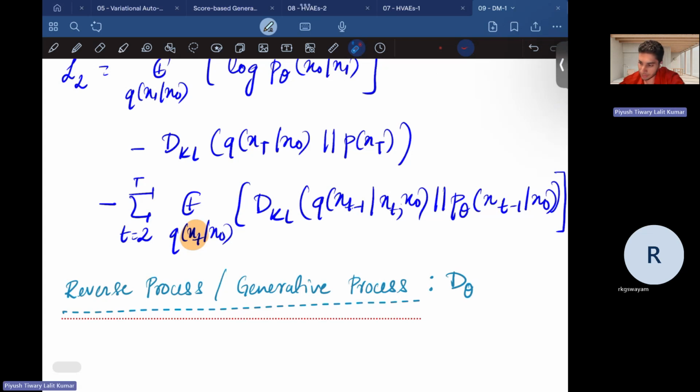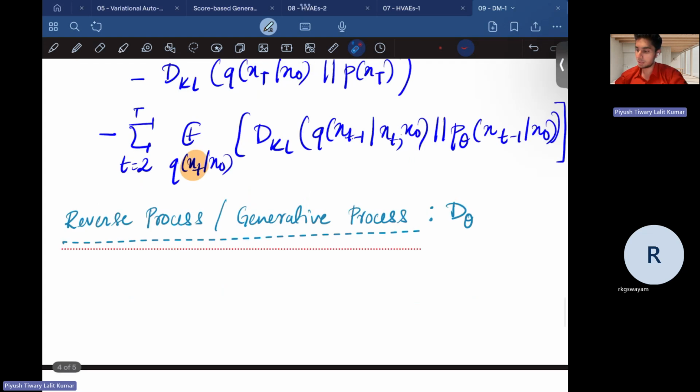First of all, something that is not very clear to us is this distribution. Remember the trick we did to derive this alternative loss function, where instead of conditioning on xt minus 1, we conditioned on both xt minus 1 and x naught, and that led us to this distribution. So what is this distribution for our setup?